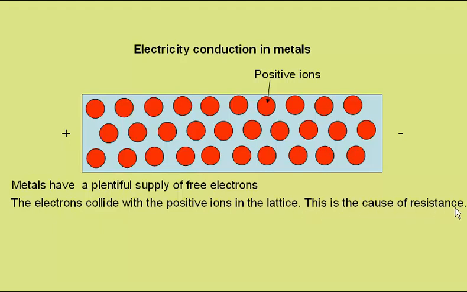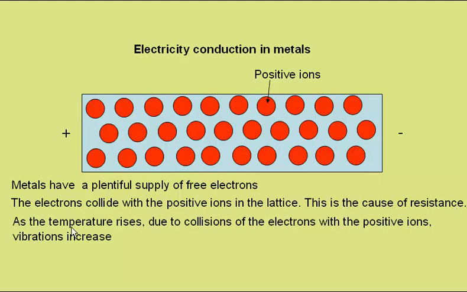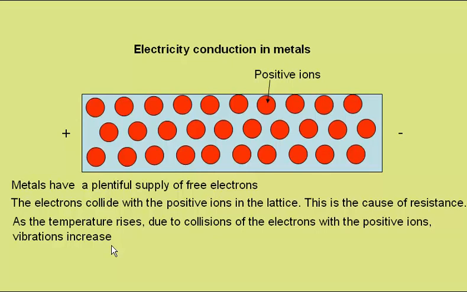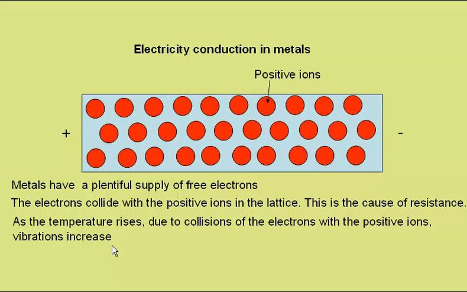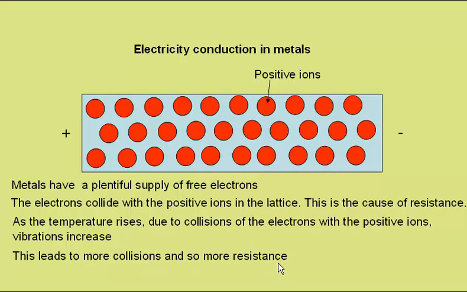These collisions hinder the path of the electrons. As the temperature rises, due to collisions of the electrons with the positive ions, the vibrations increase. This will lead to more collisions and so more resistance. This is what happens in the filament of a lamp, the filament being a piece of wire.